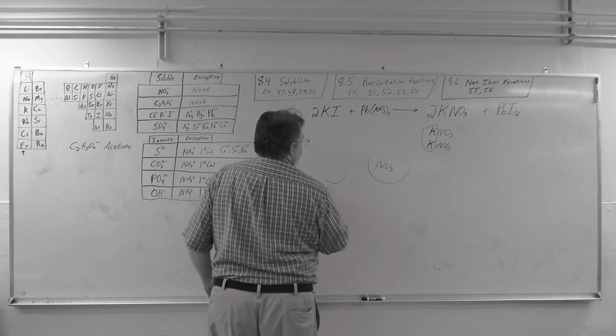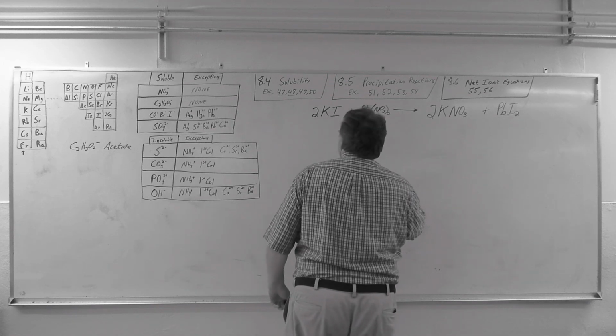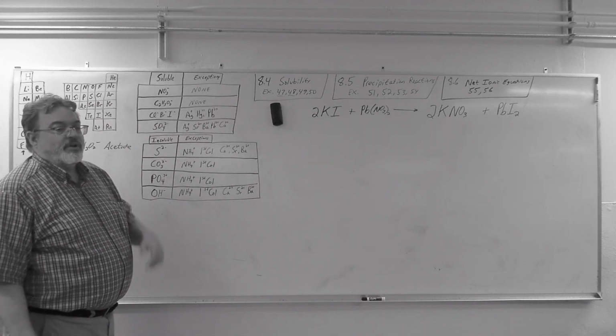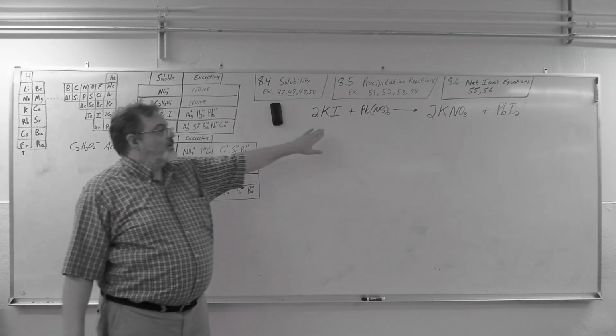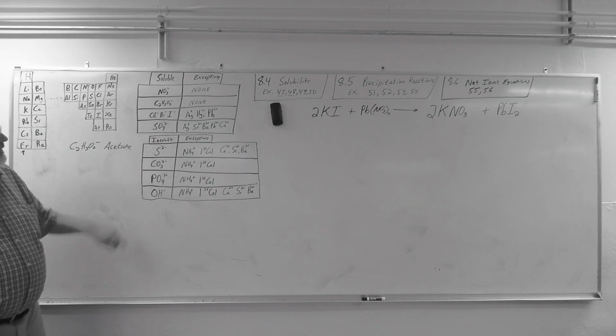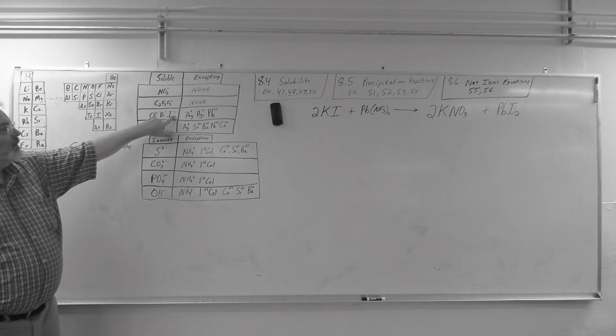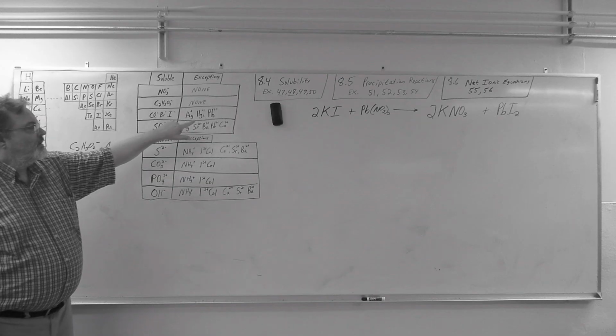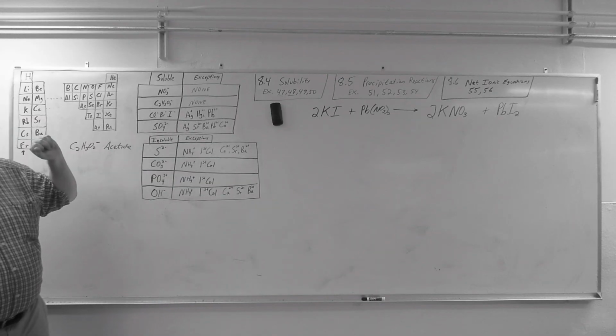Next thing I want to do, starting with the reactants, I want to know if they're soluble or not. Is KI soluble? There's I, and it's soluble unless this, and this. So is it soluble?